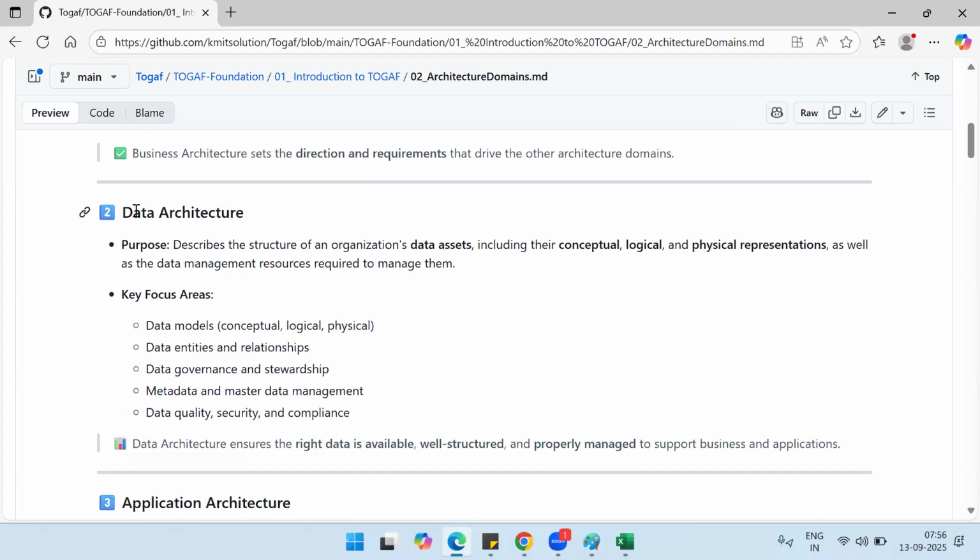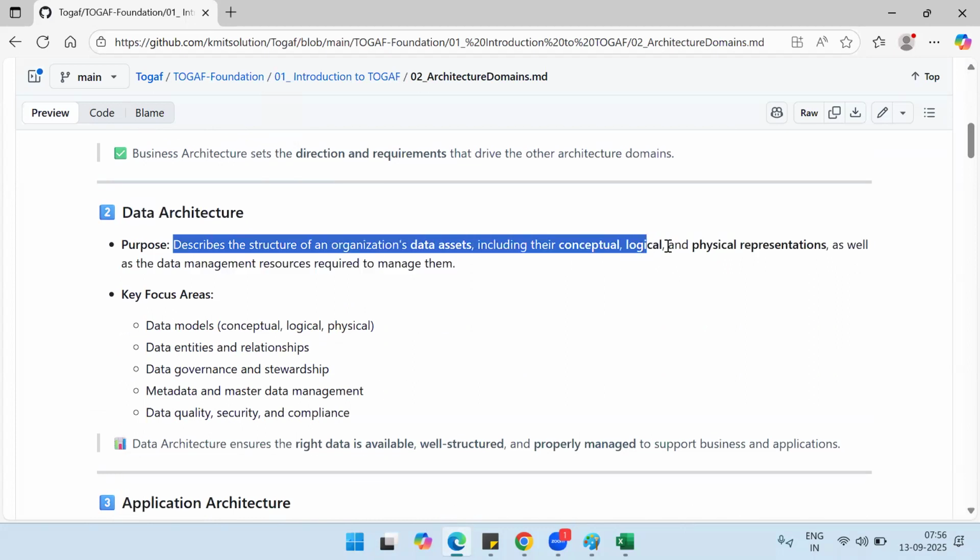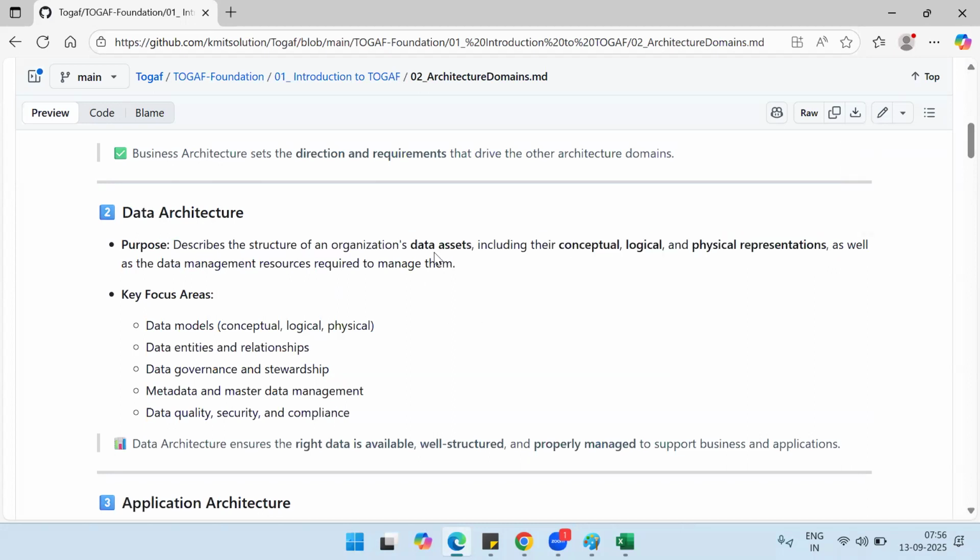Now let's talk about the data architecture. As I mentioned, it describes the structure of the organization's data assets, including conceptual, logical, and physical representation, right? Whether your data is in the form of database tables, or whether it is conceptual. You say there is a role, solution architect, but a solution architect is not a person, right?